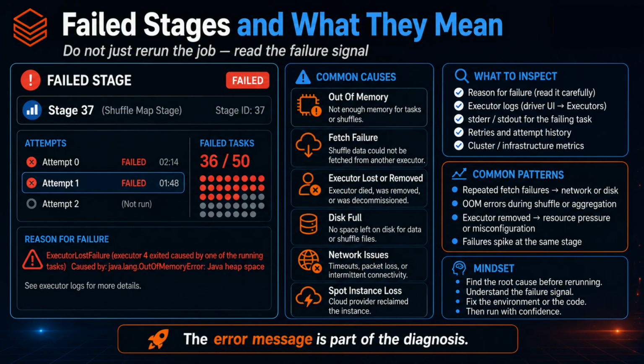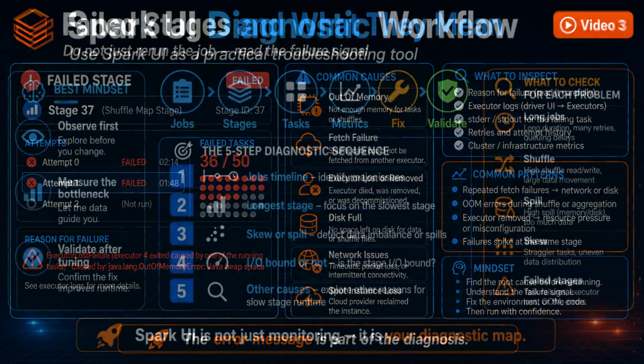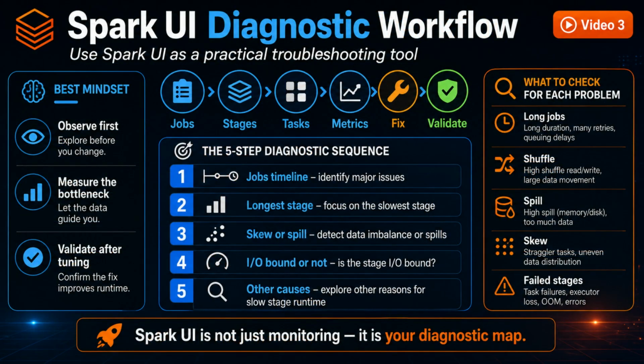You should also look for patterns. Are failures repeating in the same stage? Are they linked to shuffle or aggregation? Are executors disappearing under resource pressure? The best mindset is to find the root cause first, then fix the environment or the code, and only then rerun with confidence. Let us finish with the most important takeaway.